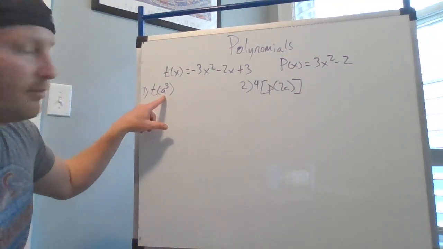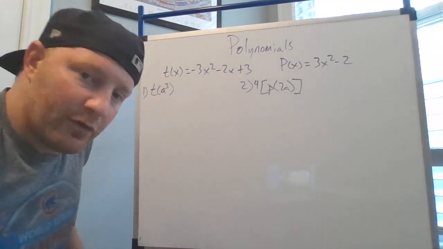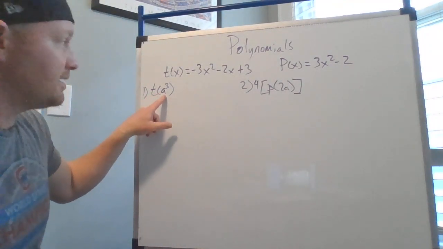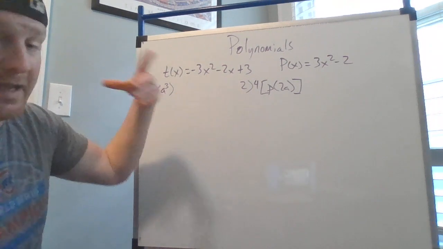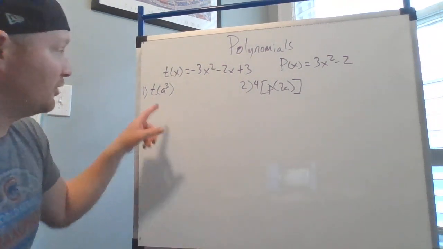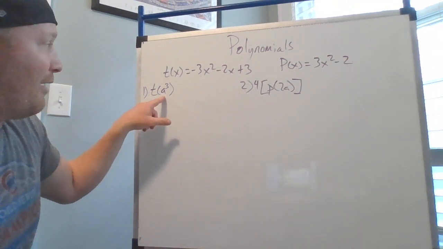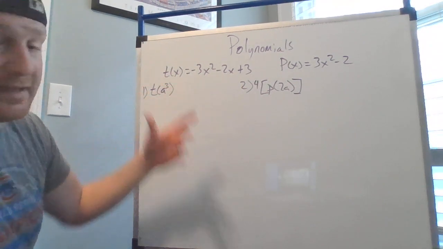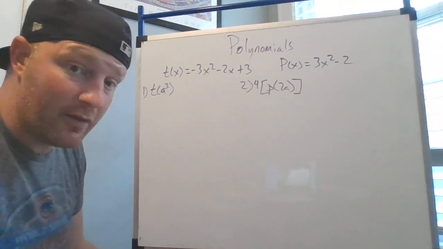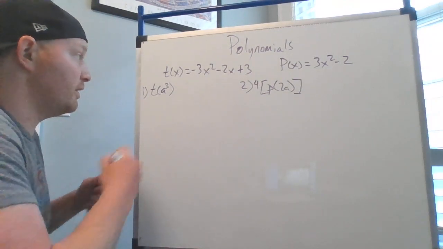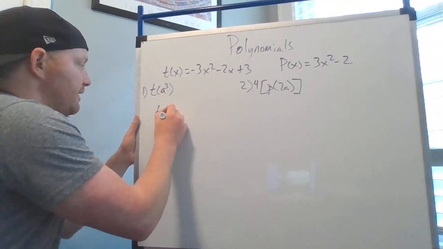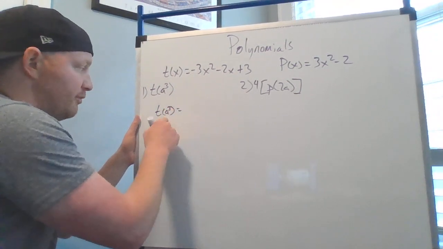If this was a number such as 2 or -4 or 6, it doesn't make a difference what it is, you should know by now to just simply substitute this in place of x and solve. Well, now I gave you a little more challenge. I said, I want to know what this function is when x is replaced with a to the power of 3. So literally go into the equation and just solve it with a to the power of 3. So now I'm going to do t of a to the power of 3, that's the input, remember.